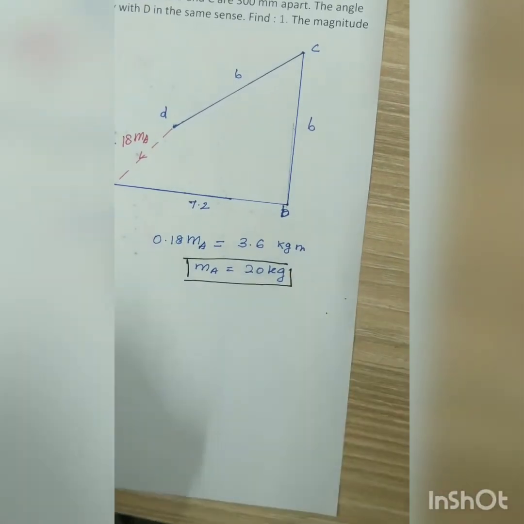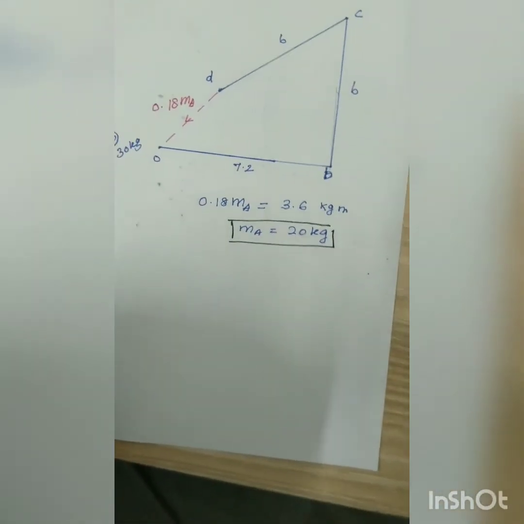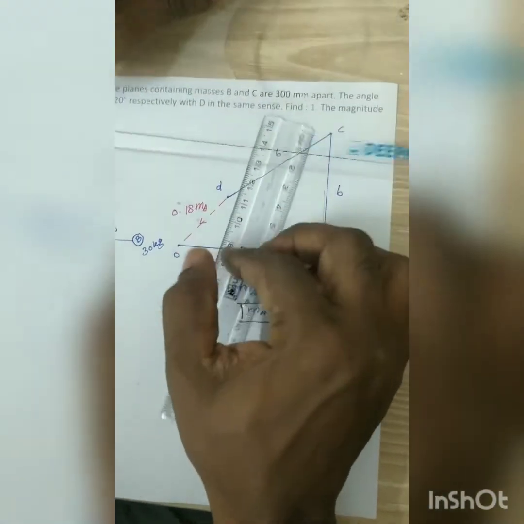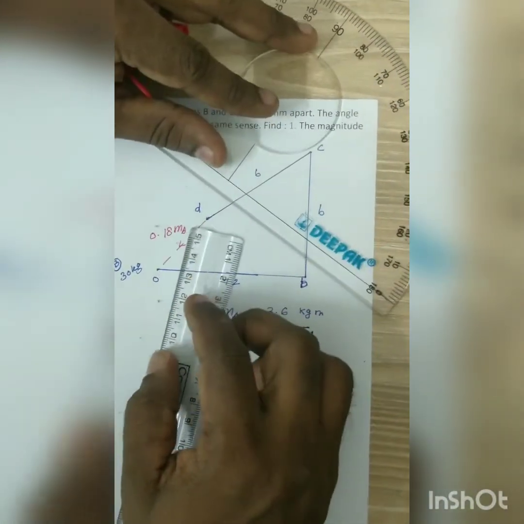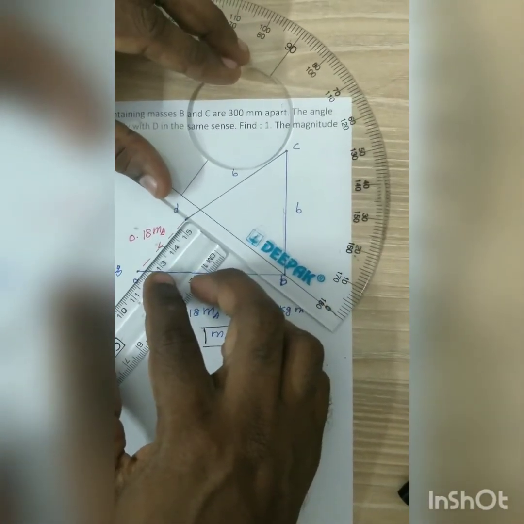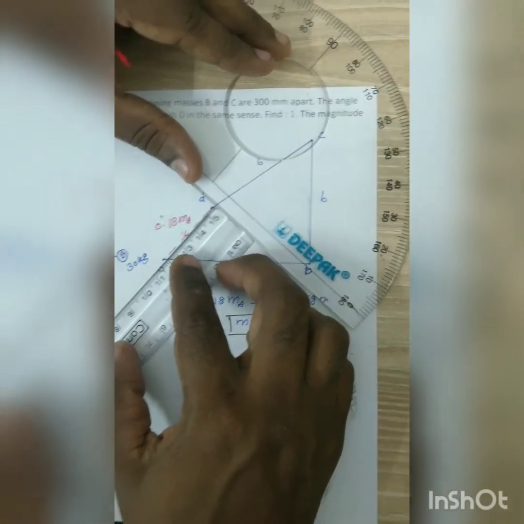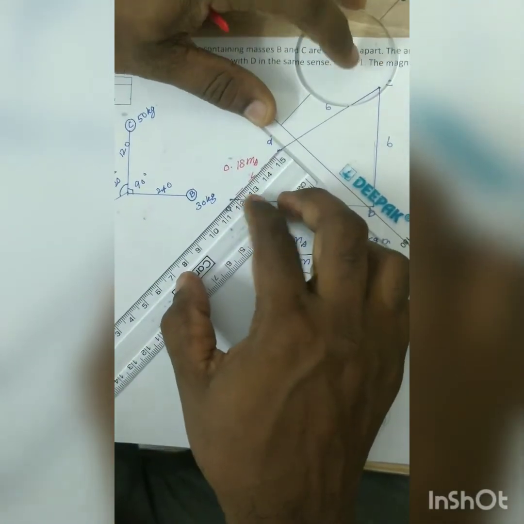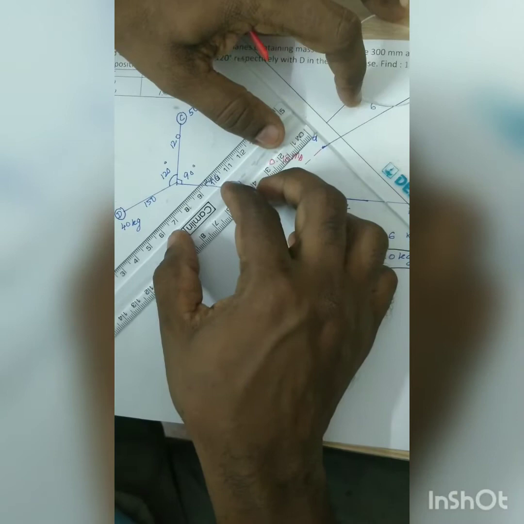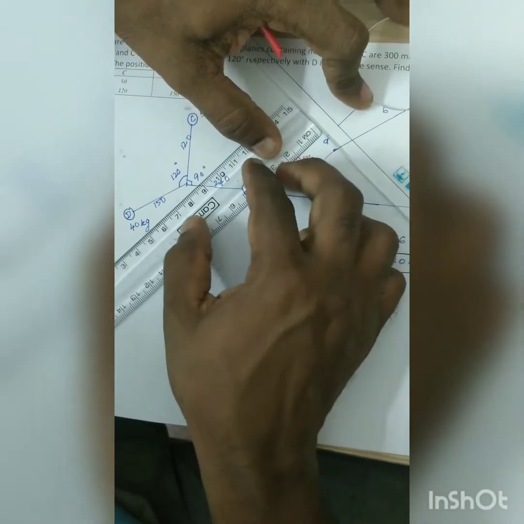So mass as well as the direction. Now what we can do is transfer this force to this system. I am locking this parallel line and then moving it to this place to draw the vector.